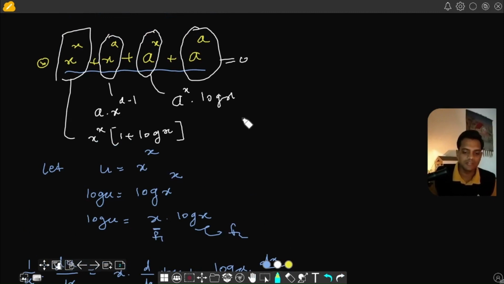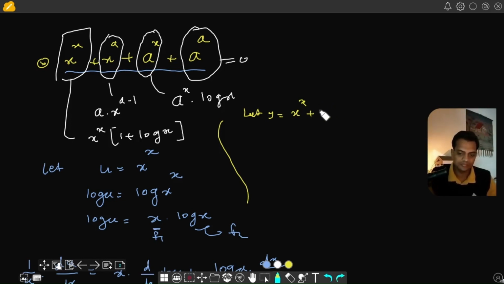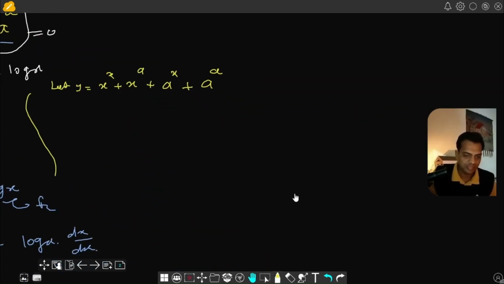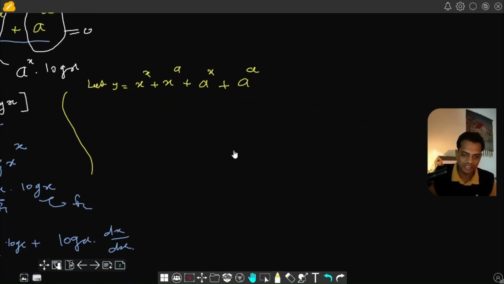Let's solve this particular example. Let y be equal to x raised to x plus x raised to a plus a raised to x plus a raised to a. Now how to solve this problem? I know the derivative of each and every term.